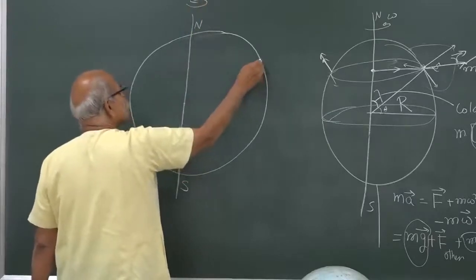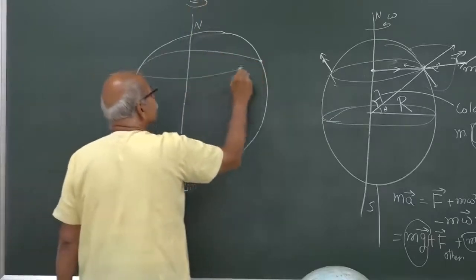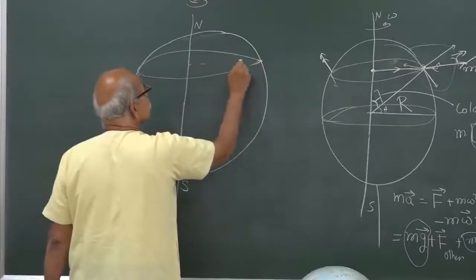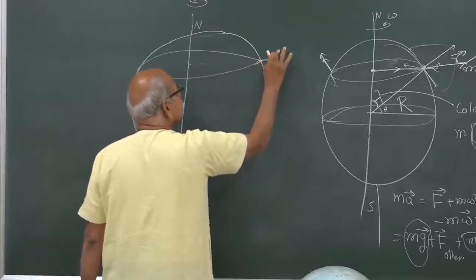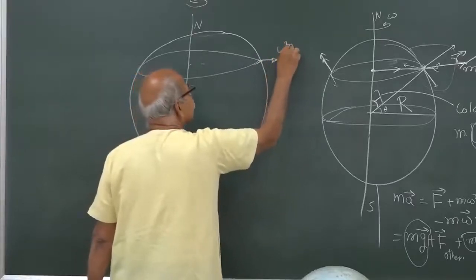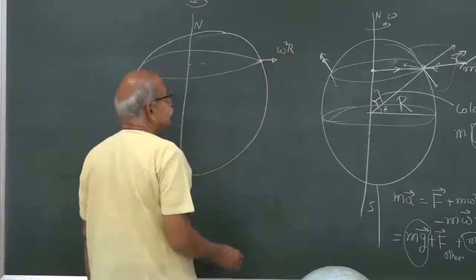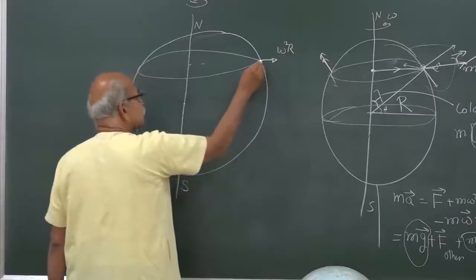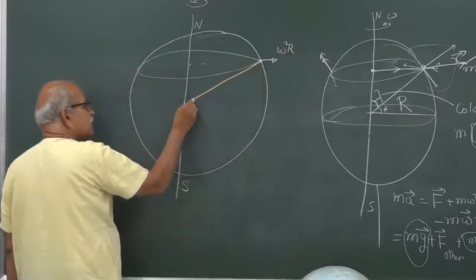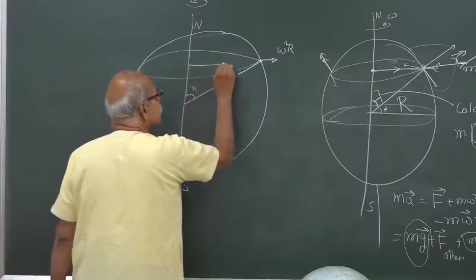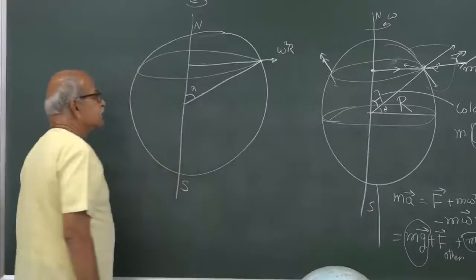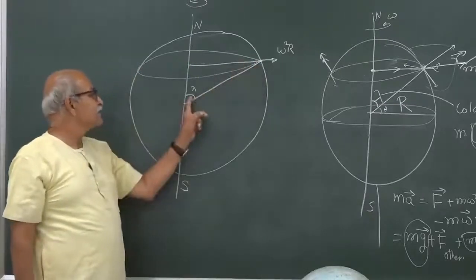So, this point is also going in that circle, and then this is the direction in which I have to write that omega square capital R and sin lambda. This angle is lambda, and this is a right angle, this is a right angle triangle, and this is lambda.